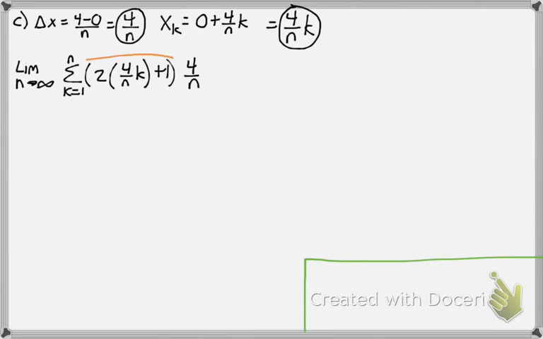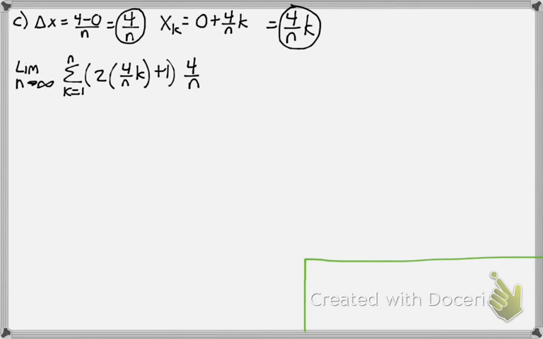Excuse me, this part is going to be your height, and this part is going to be your width. What this means is that you're adding up an infinite amount of these rectangles, so it's going to get you the exact area under the curve. It's not an approximation, it's exact. So it's a powerful concept.